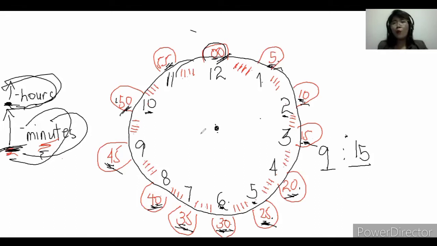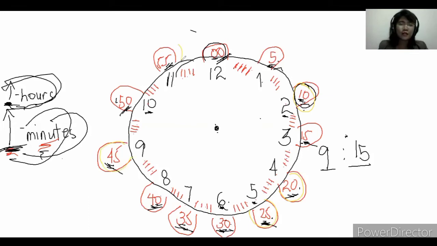Okay. What number is this? It's number 10. Very good. What number is this? Okay, 20. This one. 25. Very good. This one. Very good. 45.